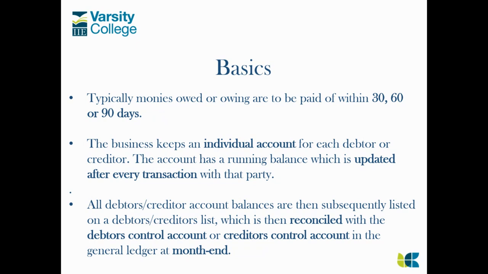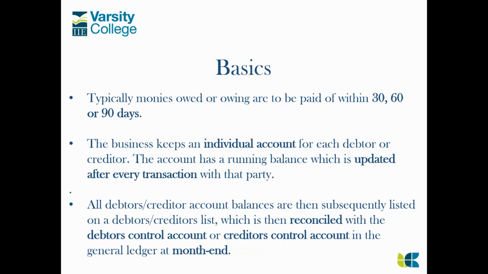Now, this is important because if there's any disputes between your debtor or your creditor, you can then go back to your books and say, on this day, you purchased so much trading inventory, or we purchased so much trading inventory, or we paid off X amount, bringing the account to this balance.